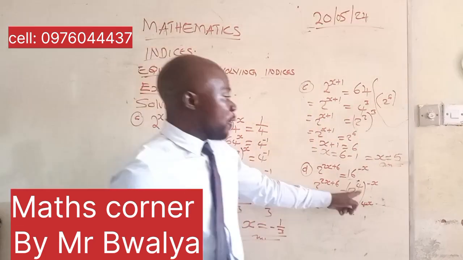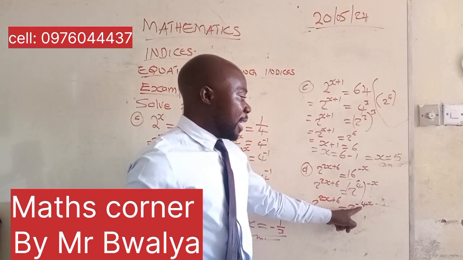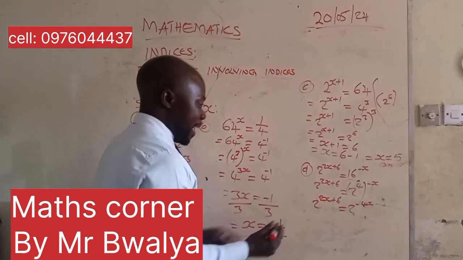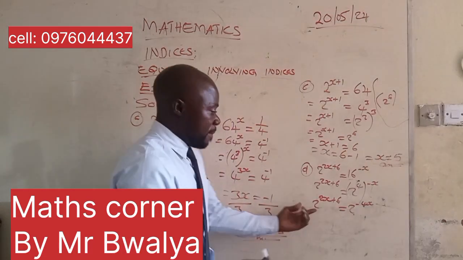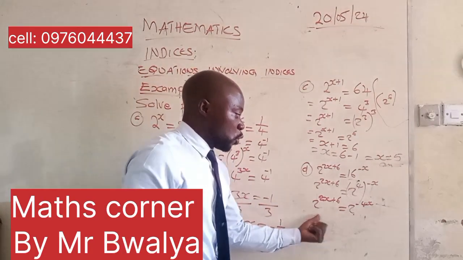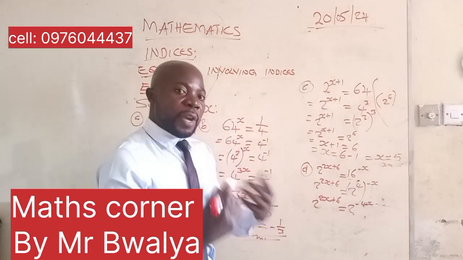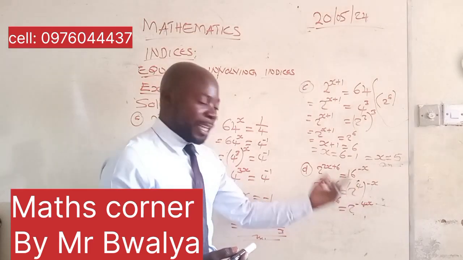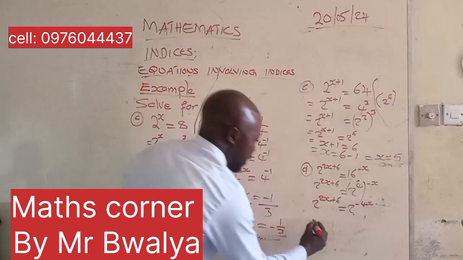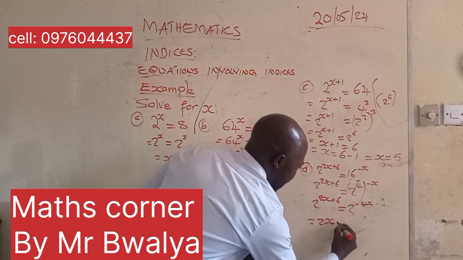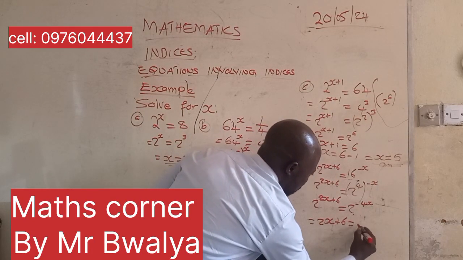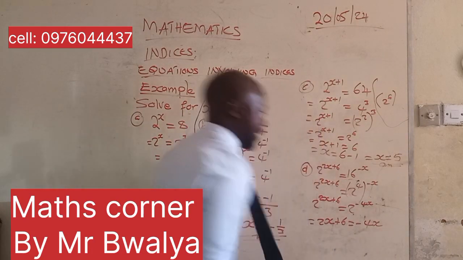Okay, when you multiply 4 times x, you give us what? Negative 4x. Okay, now since we've got the same bases here, we've got 2, 2. Therefore, we are going to equate the what? The powers, the exponent, which is 2x plus 6 is equal to negative 4x.